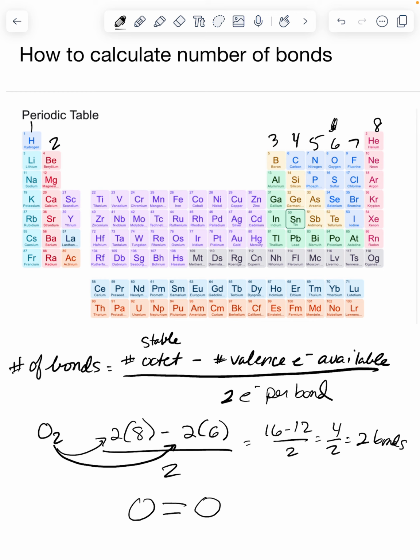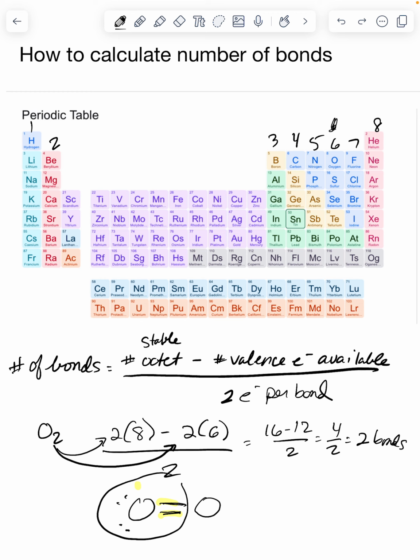Now, how about the rest of the dots? This is where the octet comes into play, where you have to check that you have a full octet. So you're going to count the bonds as 2. The oxygen on the left has 2, 4 in his octet. He needs 6, 8. So he gets 2 more sets of valence electrons, for a total of 2, 4, 6, 8, because of those 2 sets of unshared pairs.